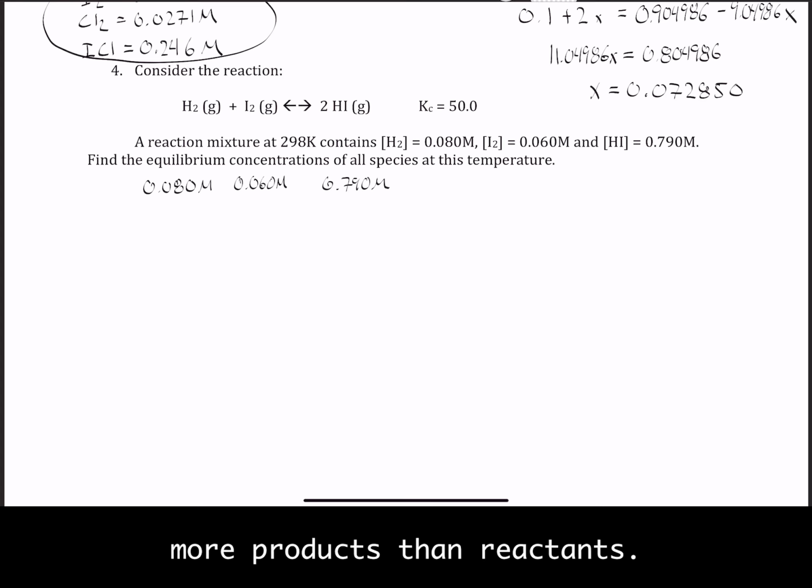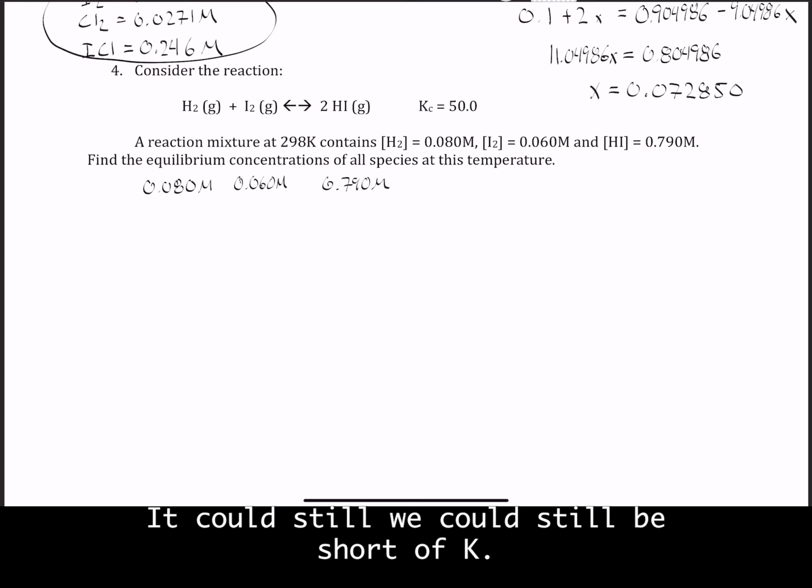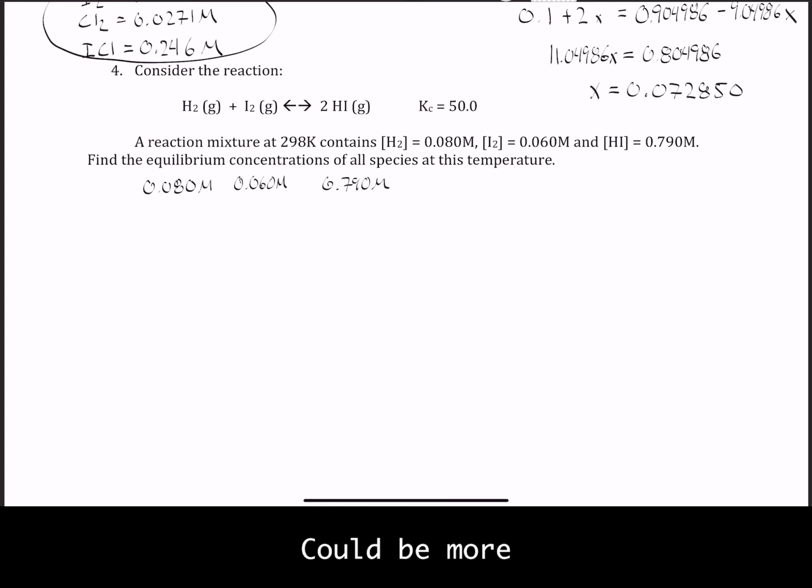So we already have more products than reactants. And so this probably isn't going to shift farther to the right. It could still. We could still be short of K. We could need more.